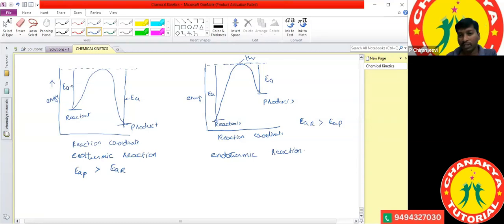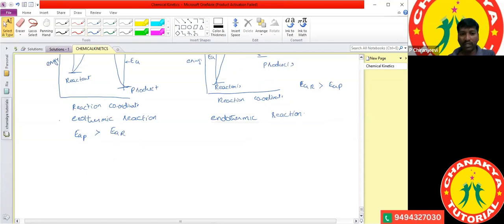And one more concept is the collision frequency. What is meant by the collision frequency?